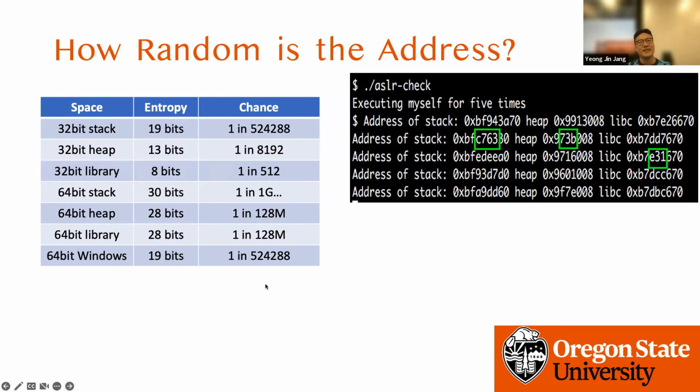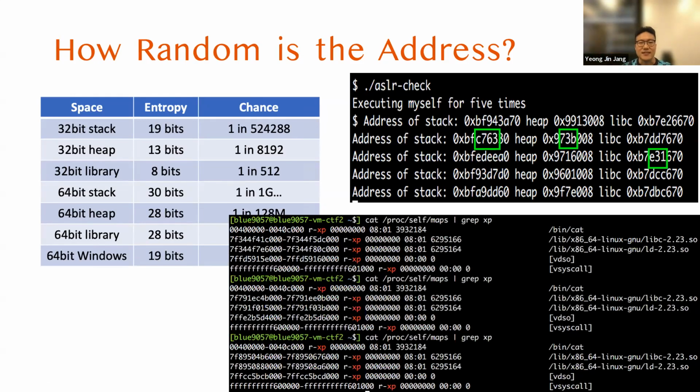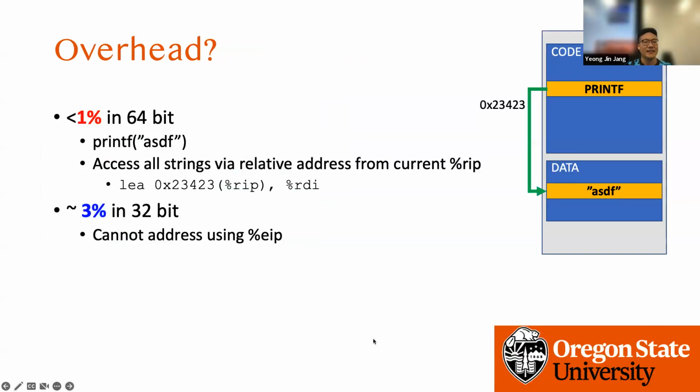So practically, if we apply ASLR well, then we have this much of a guarantee that attackers cannot make a random guess and defeat the attack. This is the 64-bit case, and you will see that lots of digits are changing, even if I run the same cat program again and again.